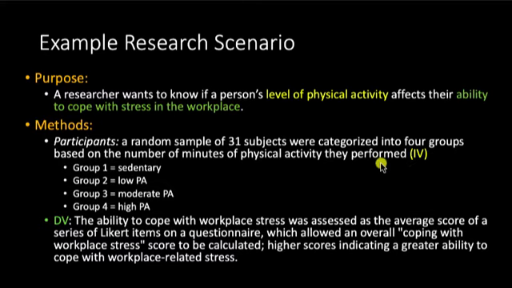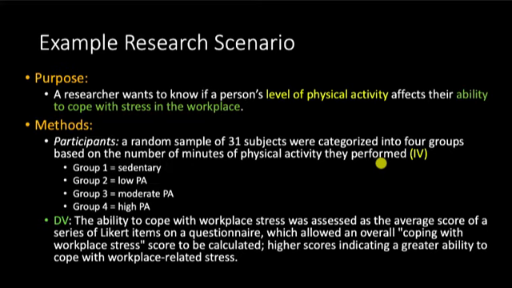You guys might recall in previous discussion posts when I would make comments or feedback on your discussions, oftentimes we can measure a variable. In this case, we could ask people, hey, report the number of minutes that you perform physical activity every week. And then we can sort people into categories based on set criteria.